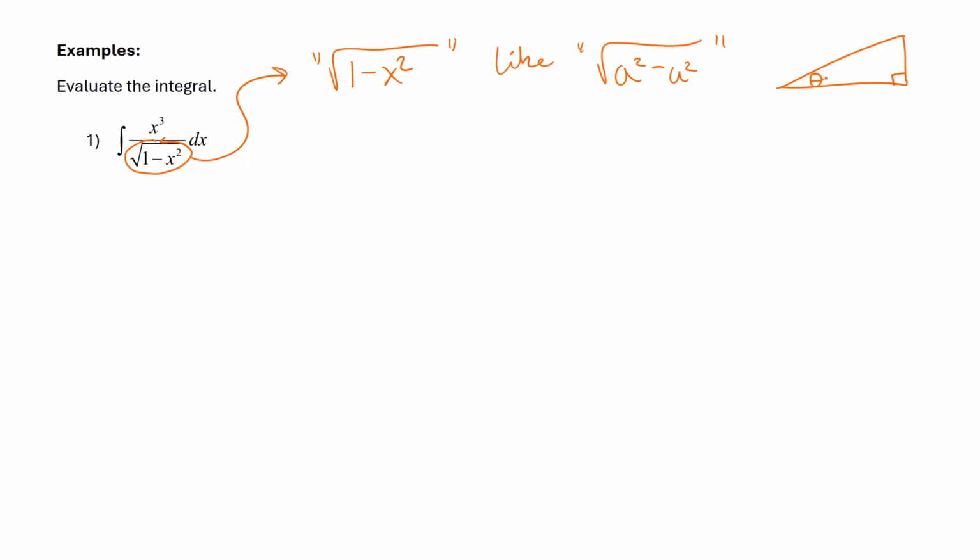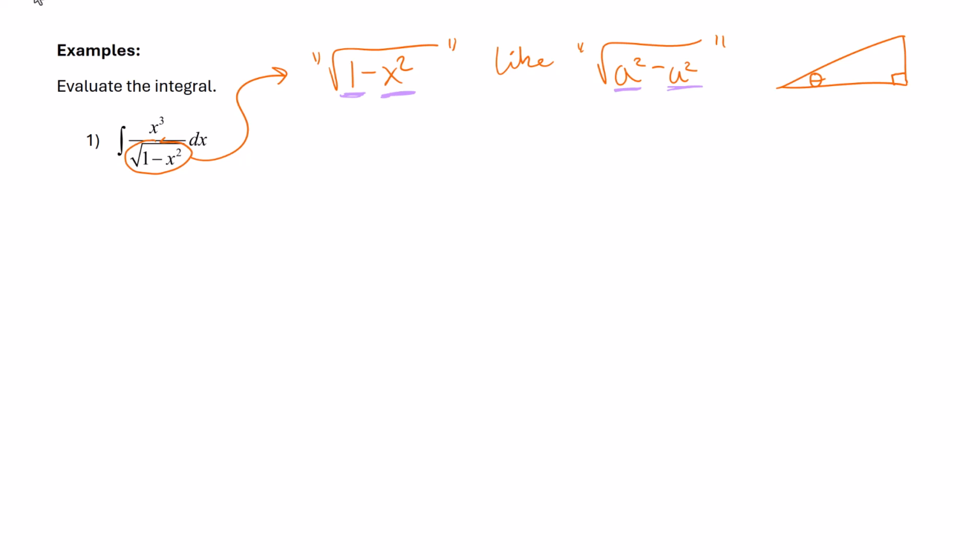In this case, when you have a squared minus u squared, notice the order of those letters. The constant term is first, and then the expression involving x. So, let's be clear: a squared for this particular problem is 1, and u squared is x squared. That tells us what a and u are. So we want to note that.